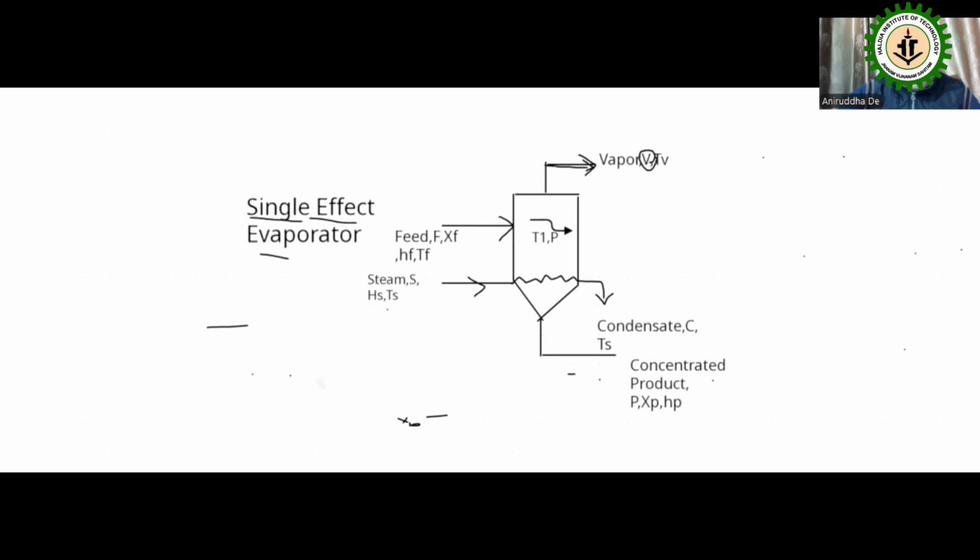You have to know what enthalpy is: it is the amount of heat content present in the feed material. The unit is joule per kg or kilojoule per kg, so this is known as specific enthalpy. The enthalpy of the steam is capital HS, also in kilojoule per kg.